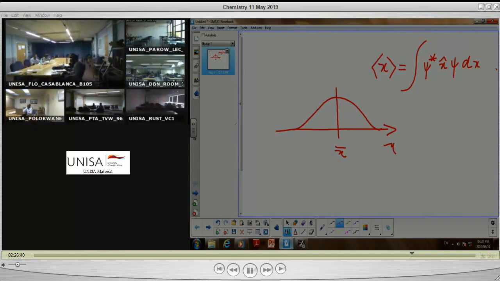But, so, the other value we can calculate is the second moment. We said this is the first moment, this is the second moment. Probability we said was the 0th moment. So, the second moment we call variance.